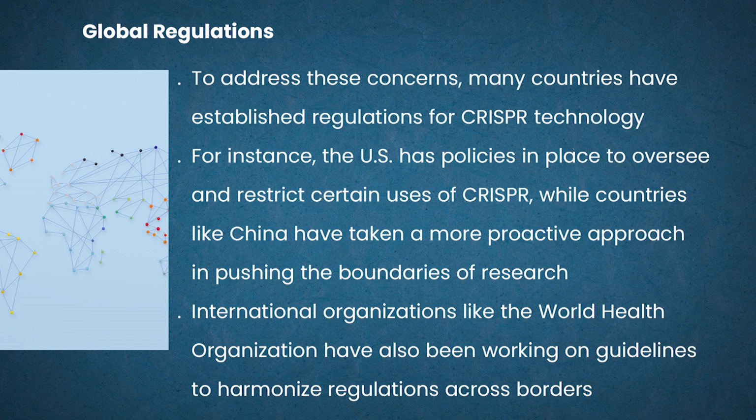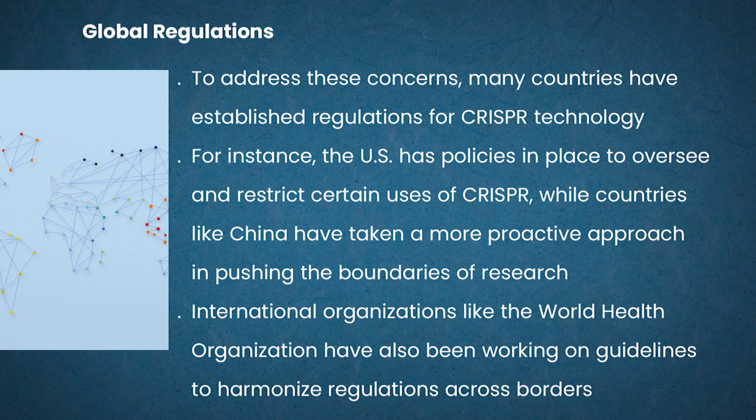Now, to address these concerns, many countries have established regulations for CRISPR technology. It's like creating traffic rules to ensure safety on the road. For instance, the US has policies in place to oversee and restrict certain uses of CRISPR, while countries like China have taken more protective approaches while pushing the boundaries of this research.